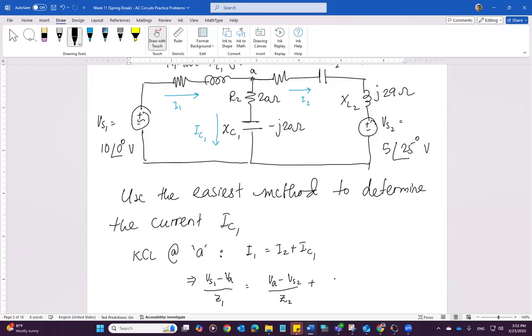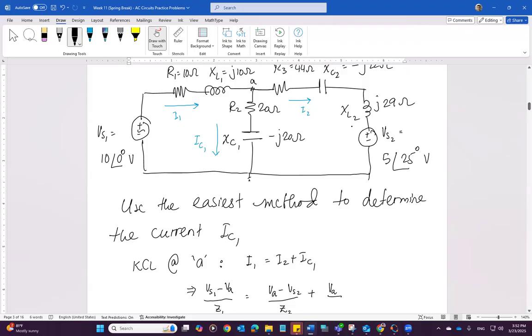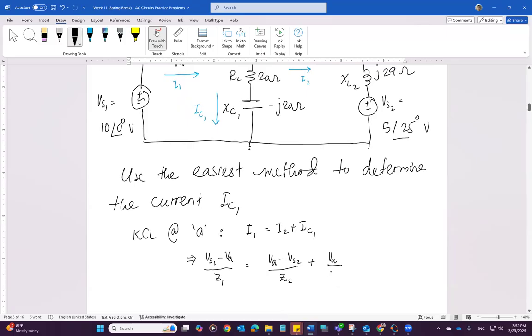And then IC1 is simply VA, again assuming that the bottom node is grounded, VA over, in this case, Z3, because I have Z1 over here and I have Z2. Although the variables are R2 and C1, let me just call this Z3. So in my MATLAB, I'm going to define the series combination of R2 and XC1 as Z3.